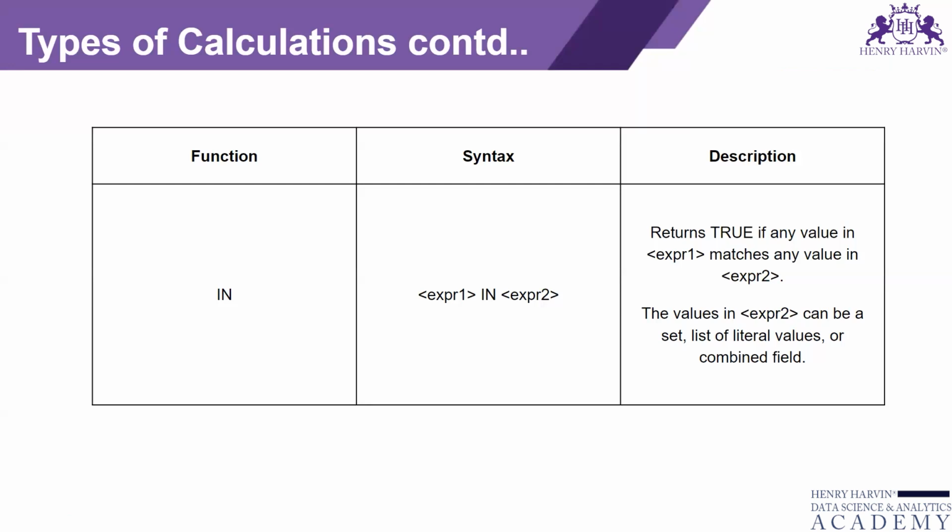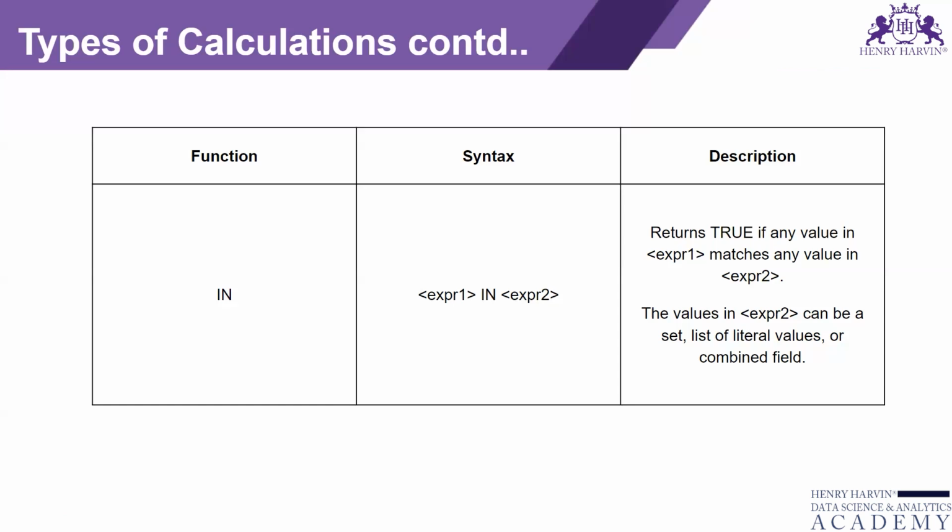If you see expression one and expression two, IN is a logical function. What happens is you are checking, let's say, whether in the customer name there is a character sequence called ABC.